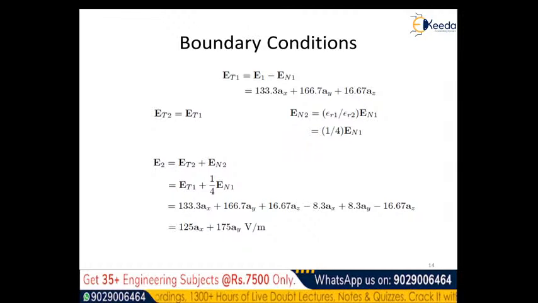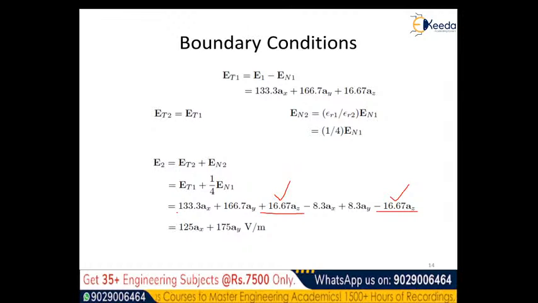Now you see the Az component was positive 16.67 Az and negative 16.67 Az. These cancel out because the coefficient has the same value, one positive and the other negative, and the subtraction results in 0 times Az.